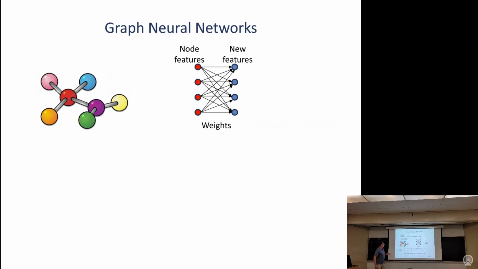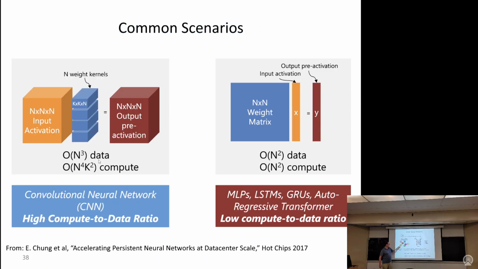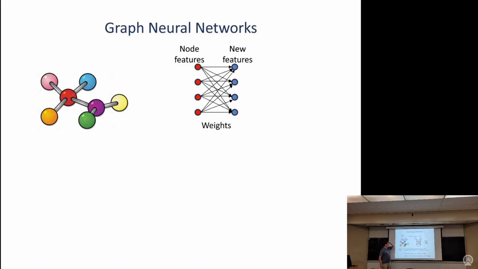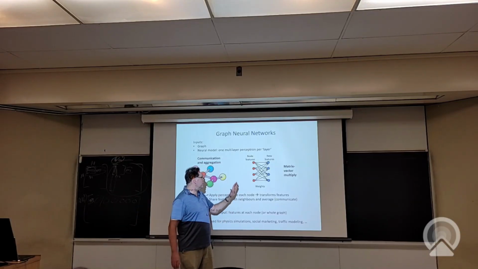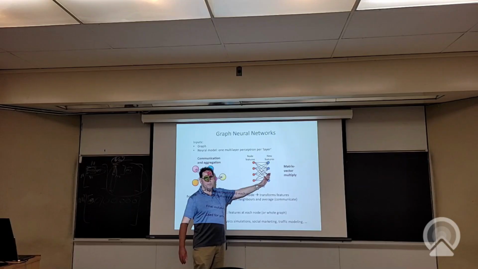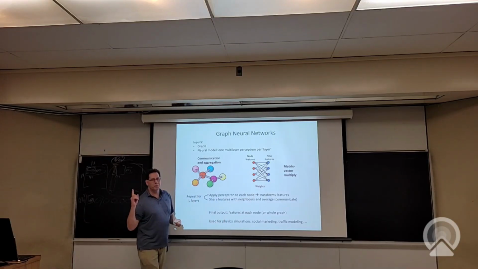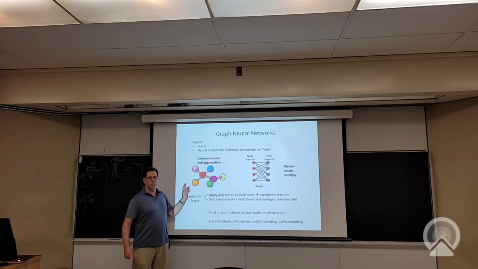Graph neural networks. Okay, so what's a graph neural network? Well, it's a graph. Everybody, I think, knows what a graph is, nodes and edges. And what you do in a graph neural network, there are a few variations, but basically you train a single multi-layer perceptron, and you're going to use it at every single node, the same one.